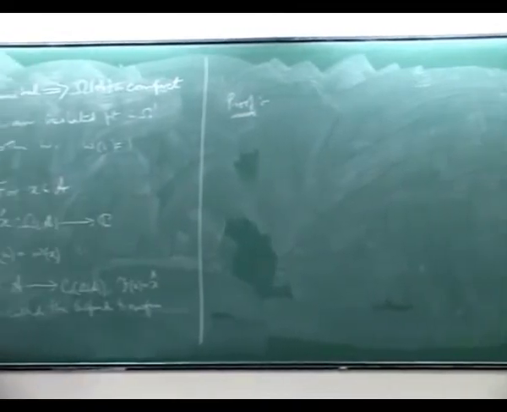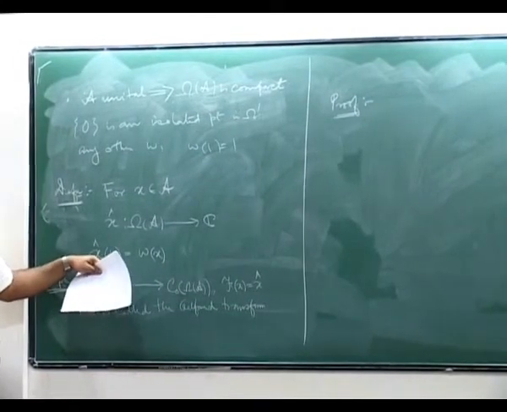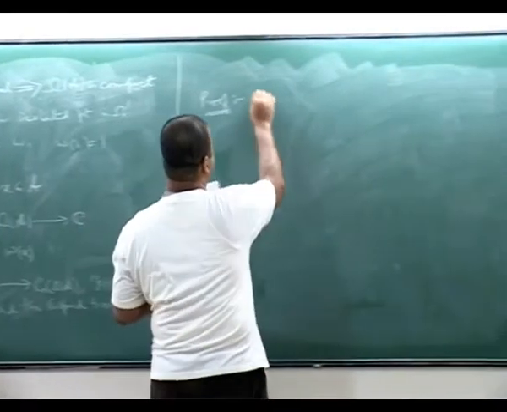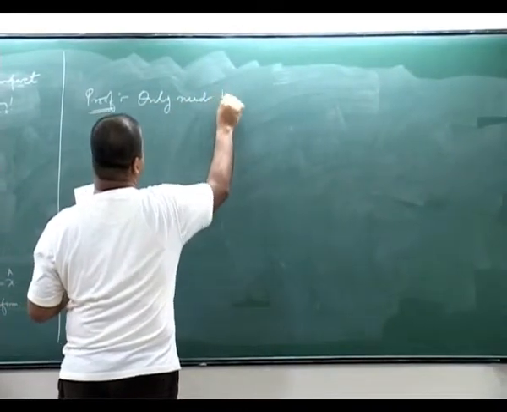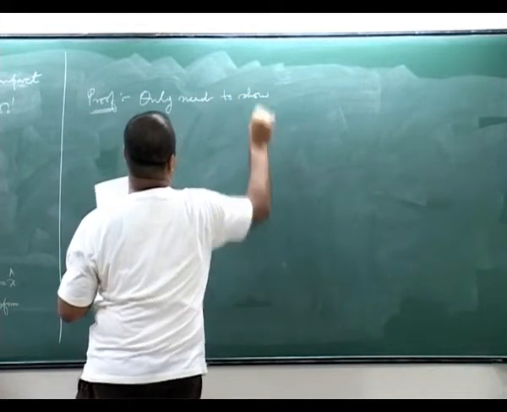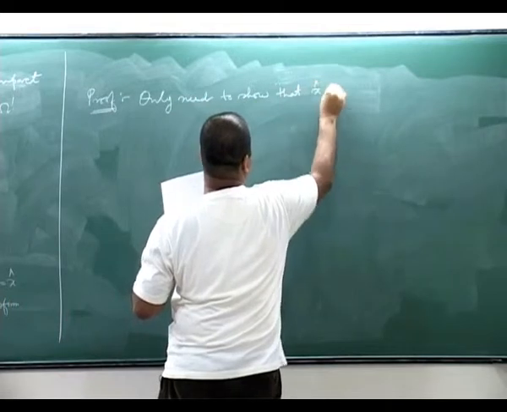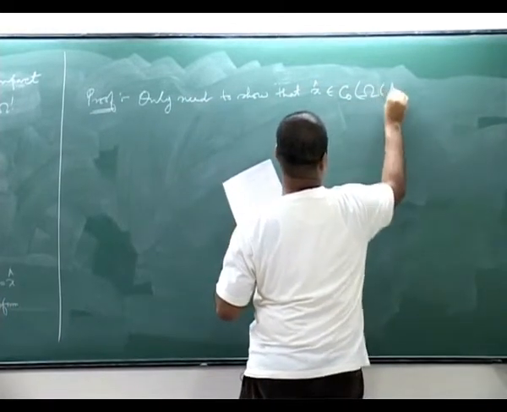Proof: firstly, continuous function, that is clear because that is from the definition of weak star topology, it is a continuous function. We only need to show this 0 part, that it vanishes at infinity.